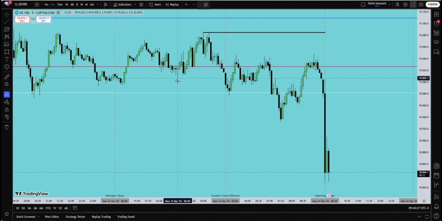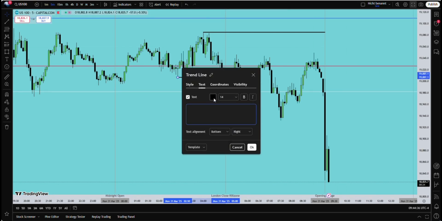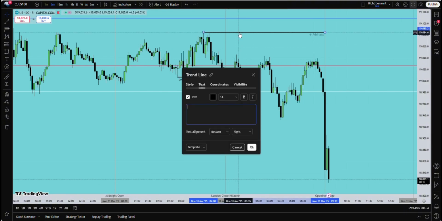Not promising a trade, but if there is a setup, then I'm going to take it, and you guys can enjoy the trade and learn from it. So this is the London low, as usual. This is the London high, right there.